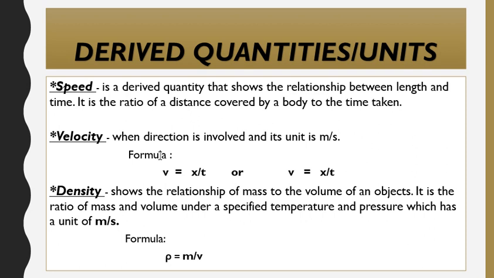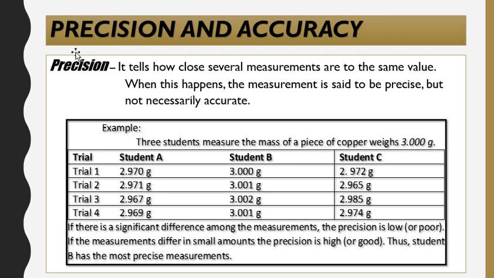Now, there are two ways of checking these errors. That is where precision and accuracy come in. When we do measurement, the measuring device may not give exact results, or another factor is the person doing the measuring. So we use the principles of precision and accuracy.